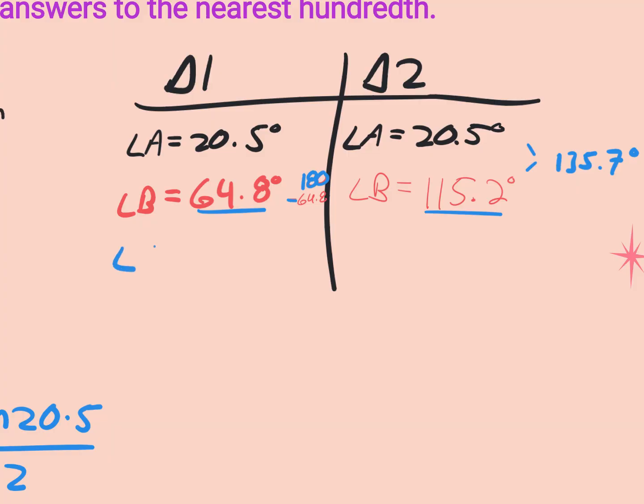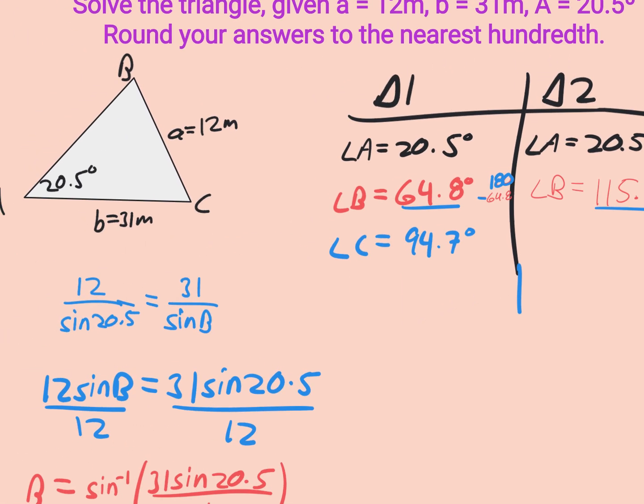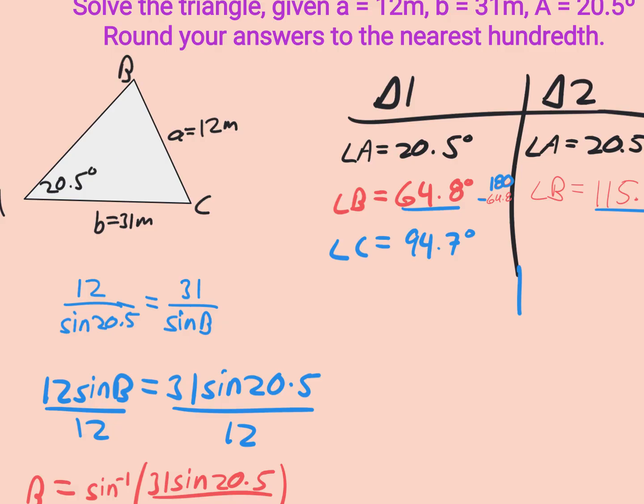Let's start there. What is angle C of triangle 1? Nice, so we get 94.7 degrees. And then what's the only thing we're missing in triangle 1?